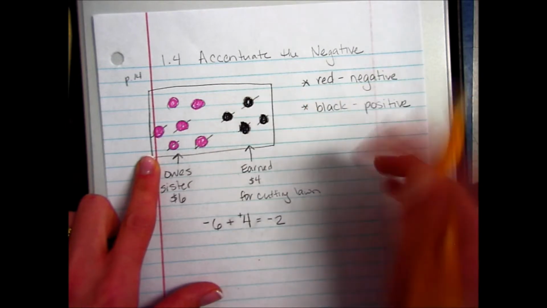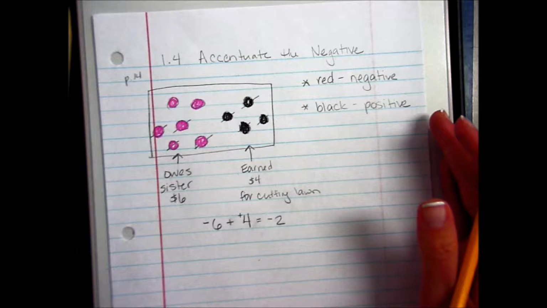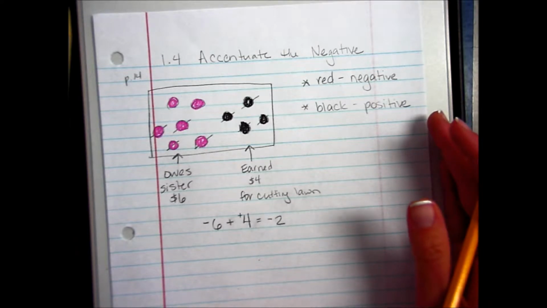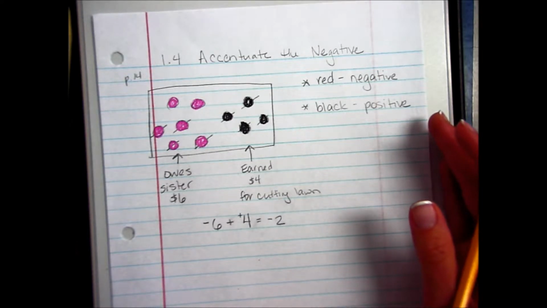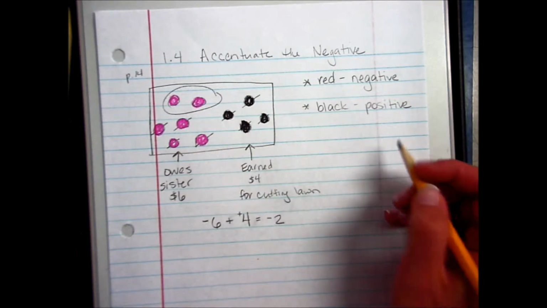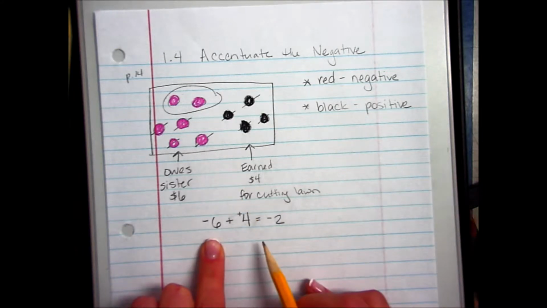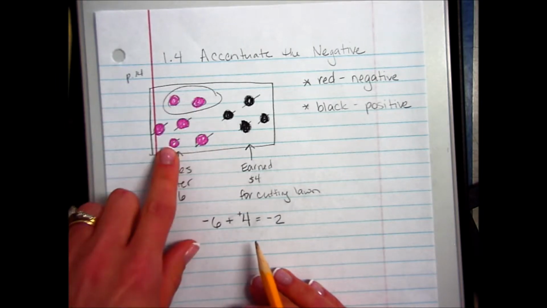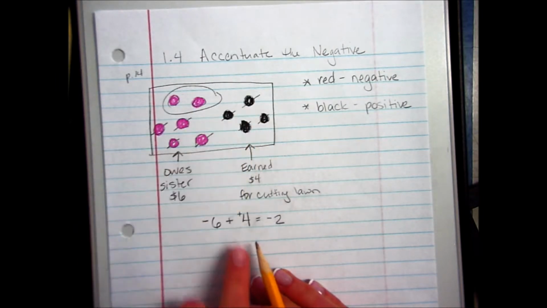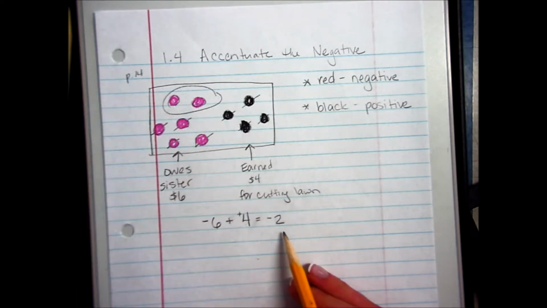Okay, so now I've taken away equal numbers of each. And then we look at our desktop. What do we have left? 2 reds. And then we look back at what she concluded. She says that when we have a -6 and we add a +4 to it, we're left with 2 negatives. And so that is what happened.